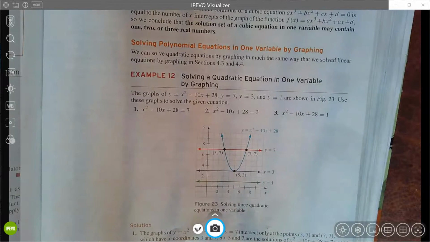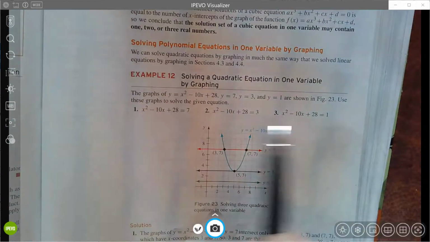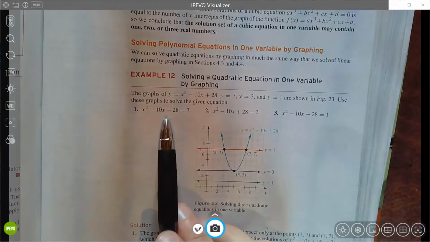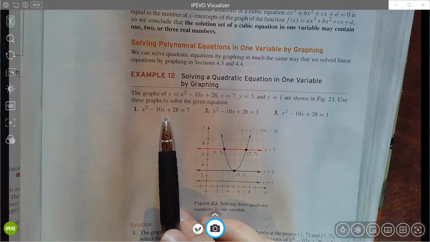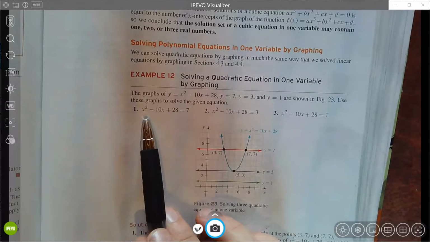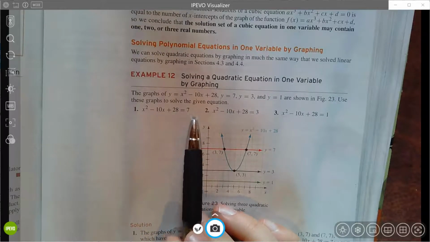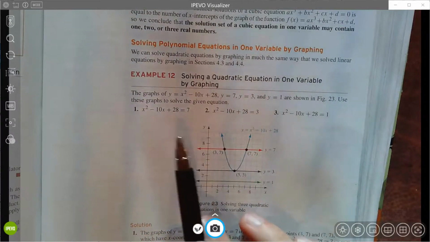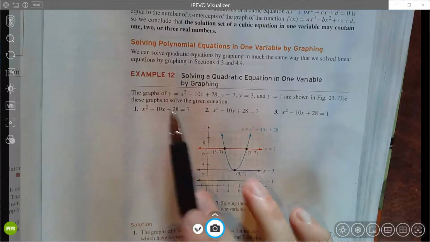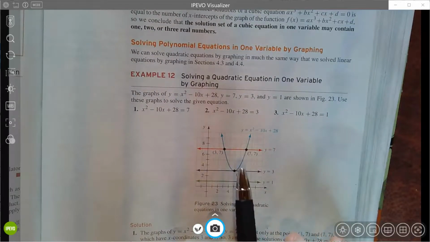And it wants me to just use this graph to solve these 3 problems. You could solve these using paper, but it doesn't want you to, and it's easier if you can just know how to do it by looking at the graph. The question is, when does x squared minus 10x plus 28 equal 7? Well, the left side of this, x squared minus 10x plus 28, is this blue curve.